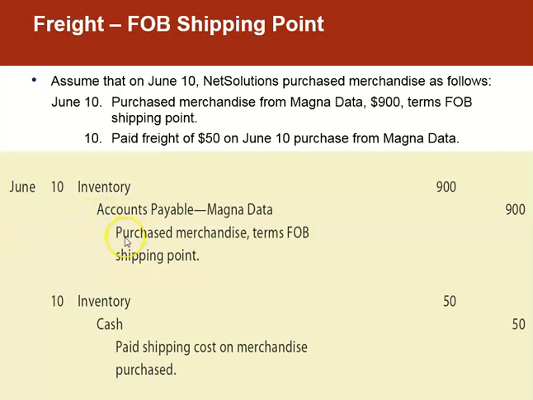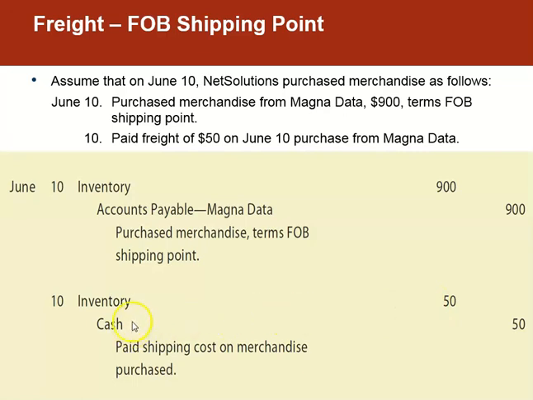So the journal entry explanation says purchase merchandise, terms FOB shipping point. Okay, and this is the second part of it here for the $50 freight charge. We're going to debit inventory again. So our inventory is now not $900 cost, it's $950 cost.